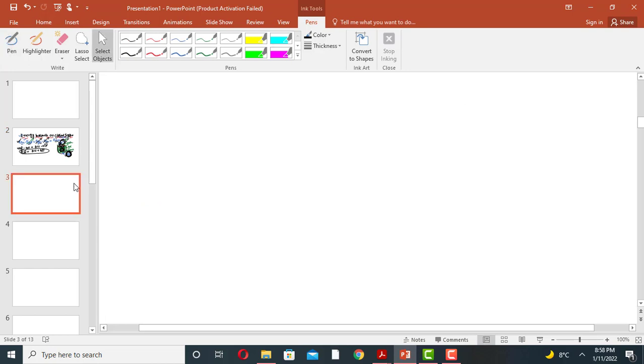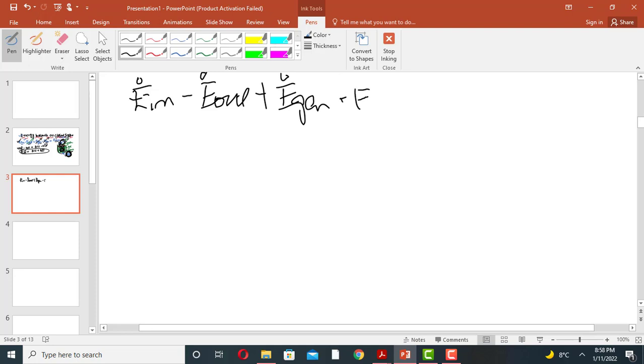Now the energy balance equation on a rate basis. On a rate basis: energy rate entering the system, minus energy rate going out from the system, plus energy generation minus energy consumption, is equal to the energy accumulated.